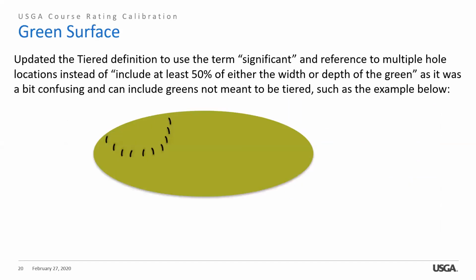All right, Rick, here's the tiered definition. The tiered definition is now using the term significant in reference to multiple hole locations instead of at least 50% of either the width or the depth of the green, as it was before. And it was a bit confusing and could include greens not meant to be tiered, such as the picture below.